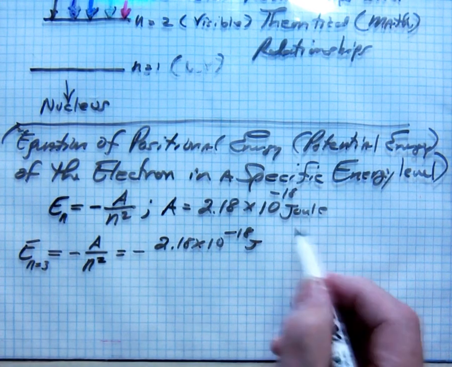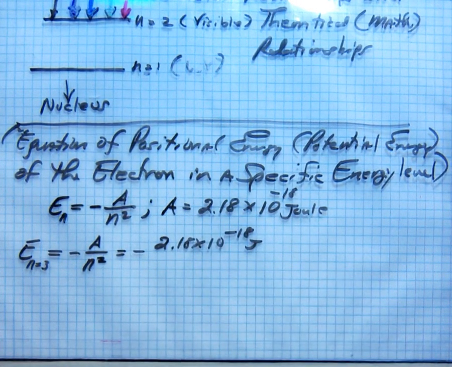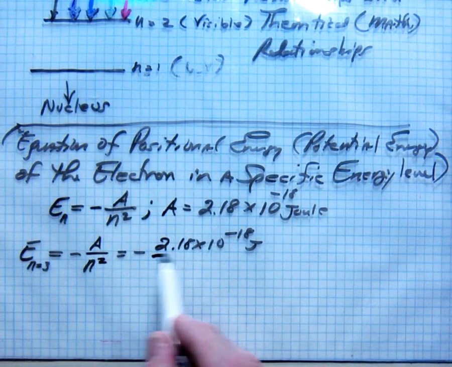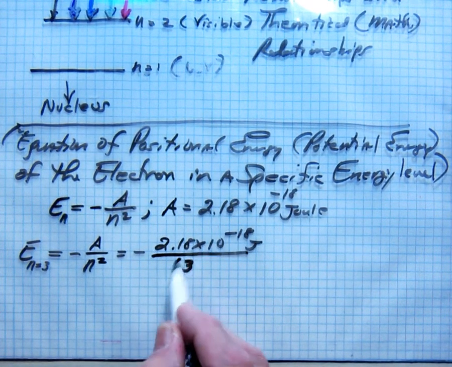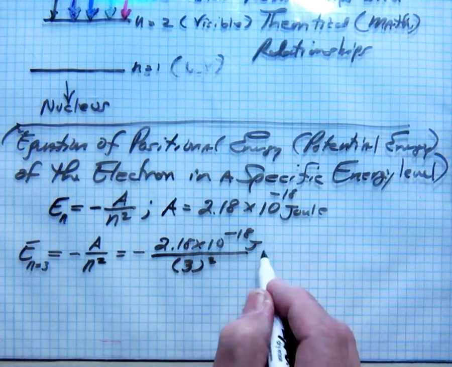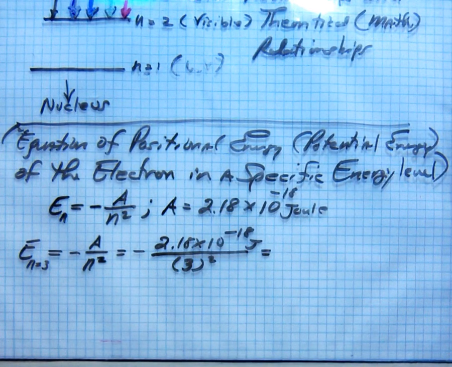That's a given. A is given. n is 3 squared. It all comes out in joules. 2.18 times 10 to the minus 18 divided by 9 is equal to 2.42 times 10 to the minus 19.